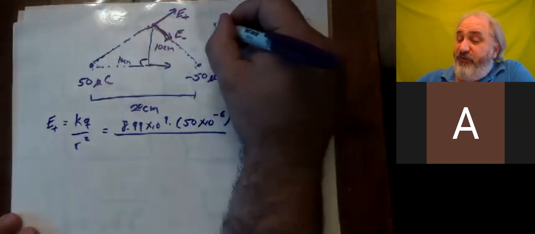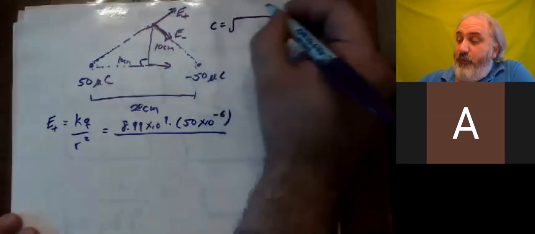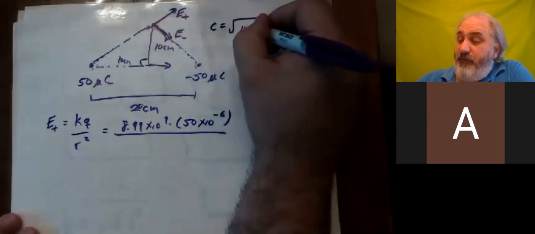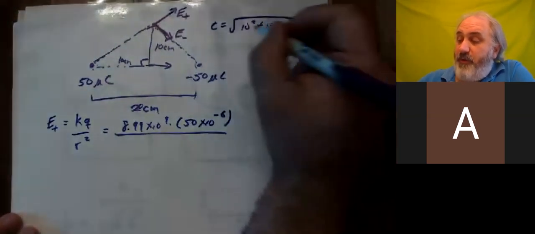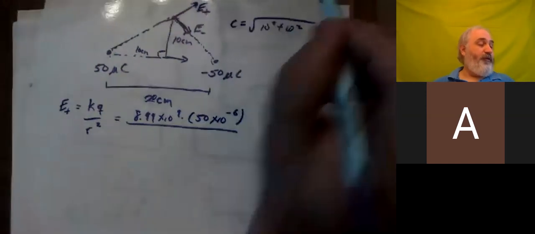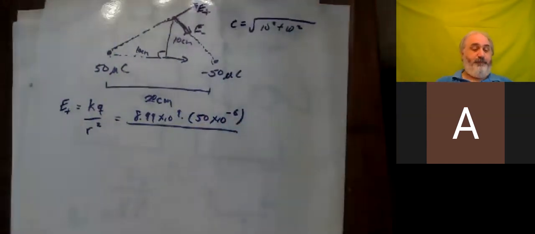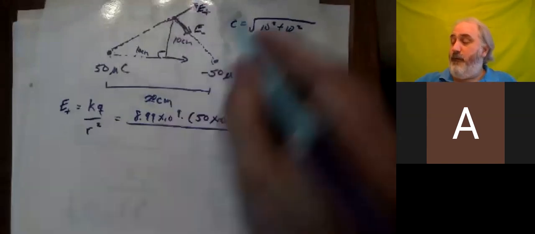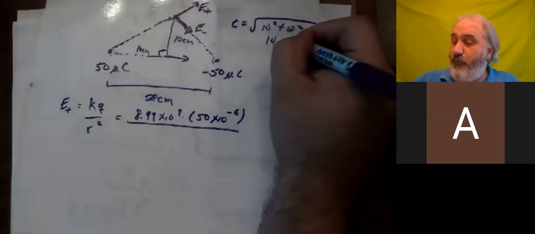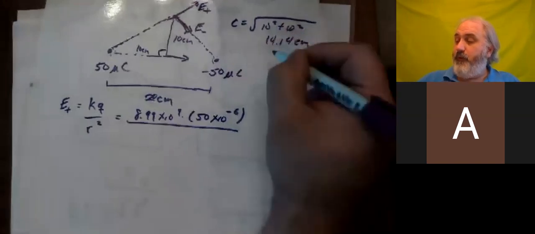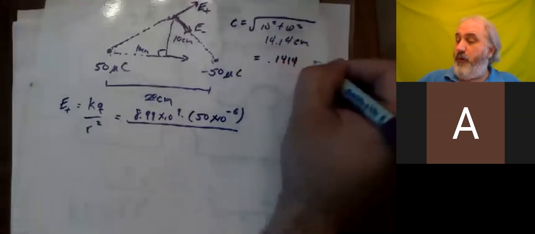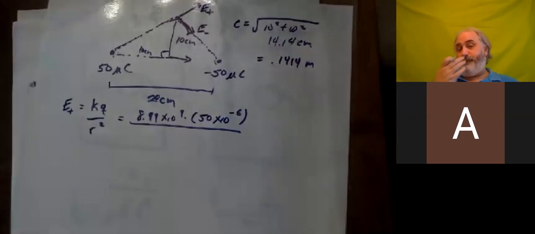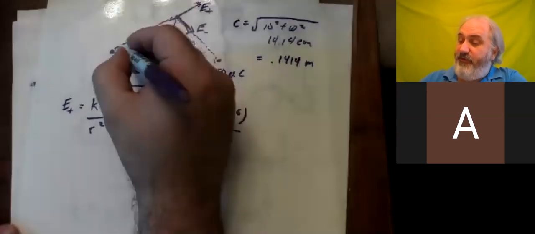So c is going to be equal to the square root of 10 squared plus 10 squared. That's 100 plus 100, so 200. The square root of 200 is like 14 and change. So 14.14 centimeters, or 0.1414 meters. And that is this distance here, which is R.